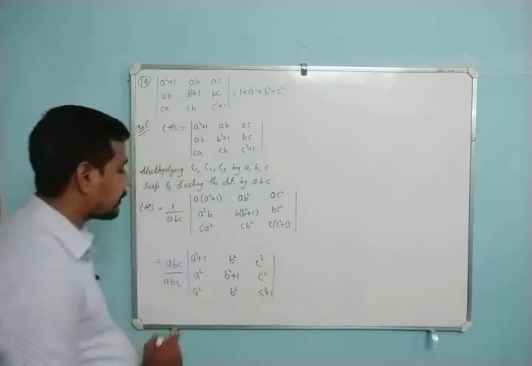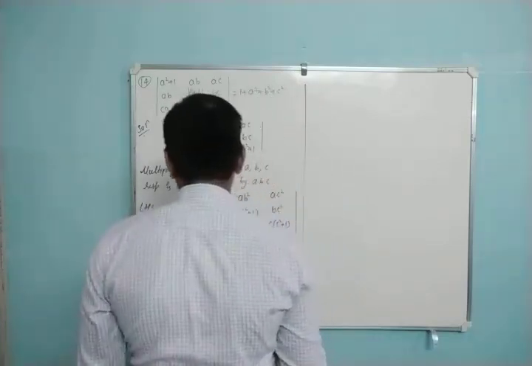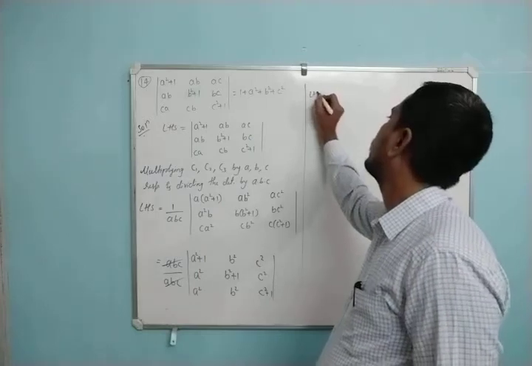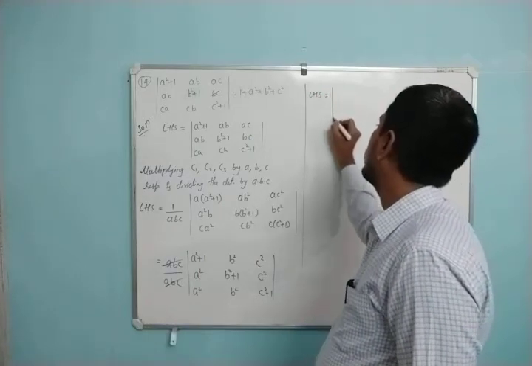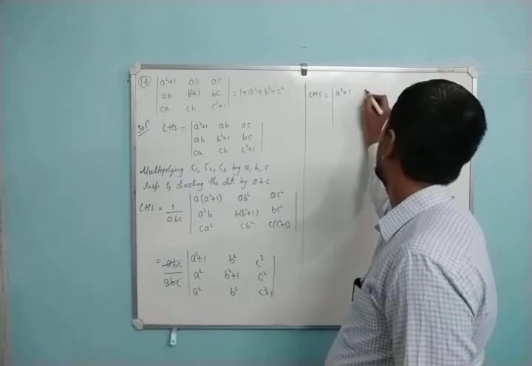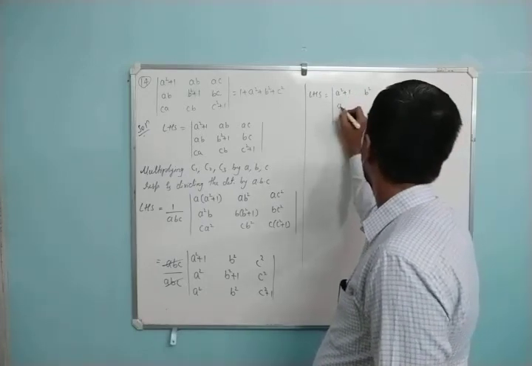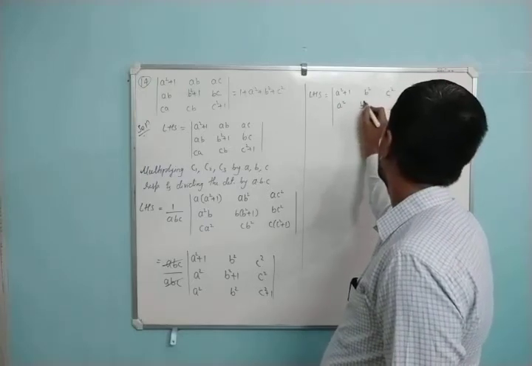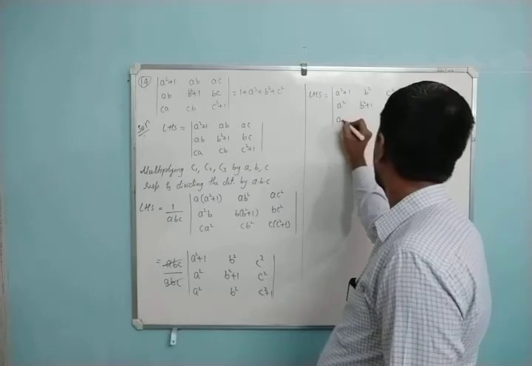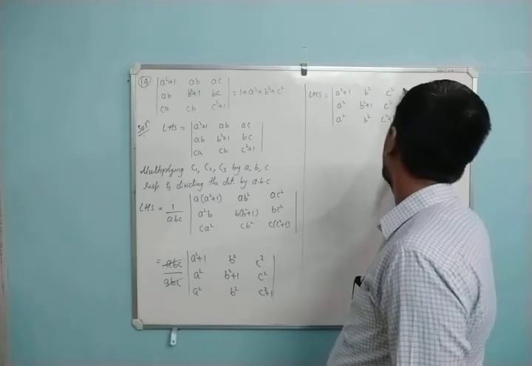This becomes our determinant. So next, let's simplify this one. So abc and abc cancel. So LHS will be equal to the determinant with rows: a square plus 1, b square, c square; a square, b square plus 1, c square; a square, b square, c square plus 1.